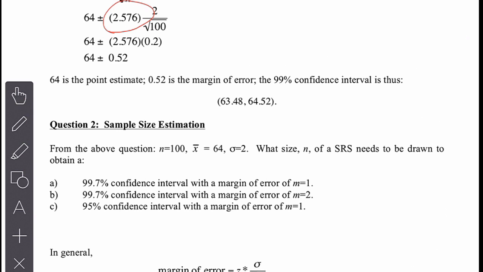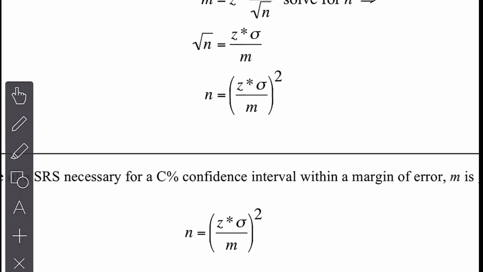What I do is I change m, and then here I change the z star. So it's just a play between the inputs to the formula. I cannot change sigma. That's just given to me. But I can make decisions about z star and n.